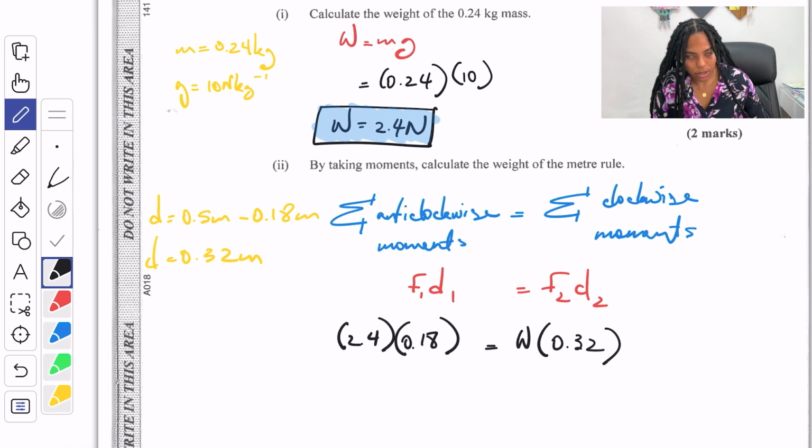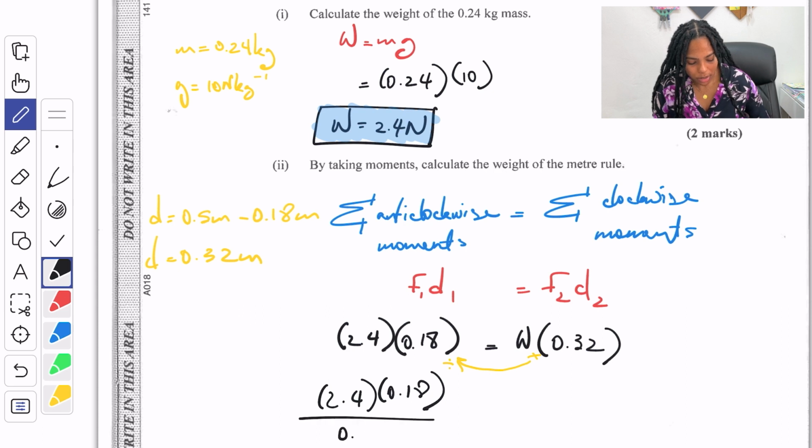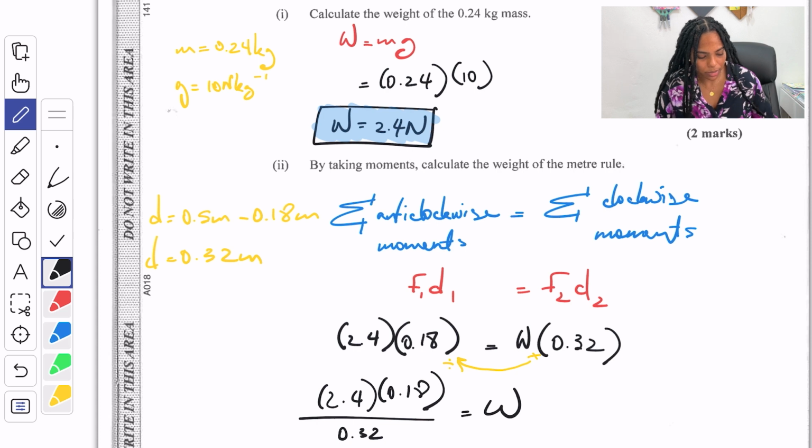So to get W by itself, I want to send everything else over on the other side. And the only thing preventing W from being by itself right now is that 0.32. So it's involving multiplication here. When it goes over, it will switch to division. And I'll have 2.4 by 0.18 over 0.32 is W. I like to see it from left to right.